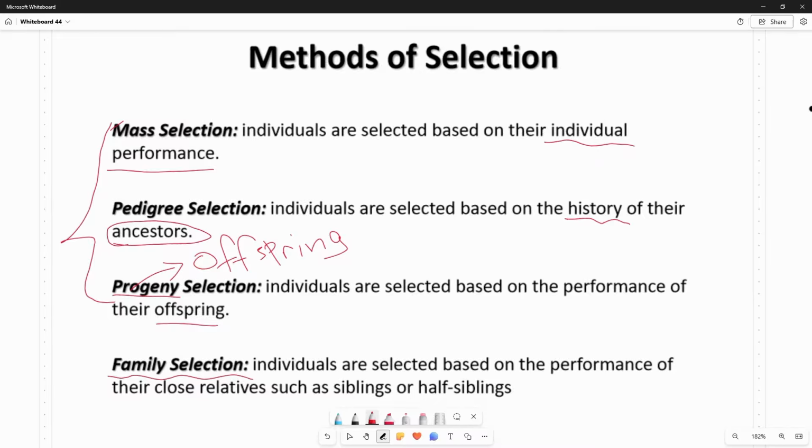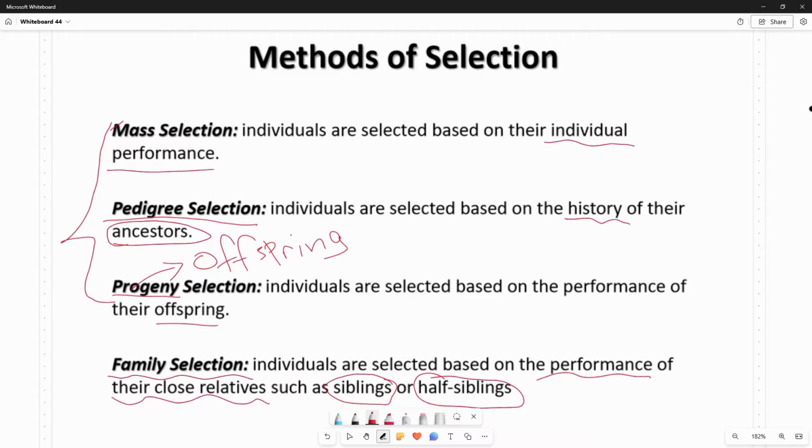The last one is family selection. Here, individuals or organisms are selected based on the performance of their close relatives. So we now measure your siblings and or your half siblings. Family selection is more or less the same as pedigree selection.